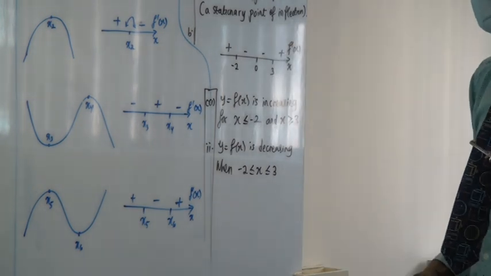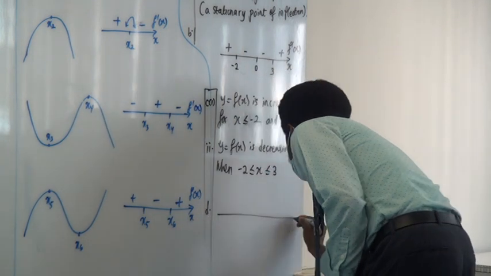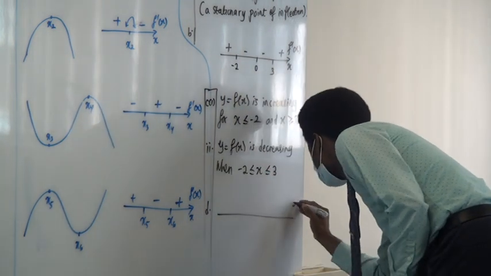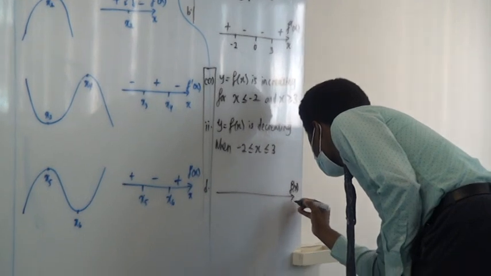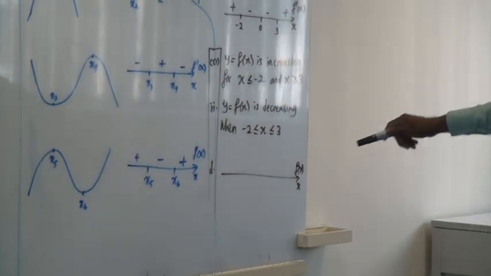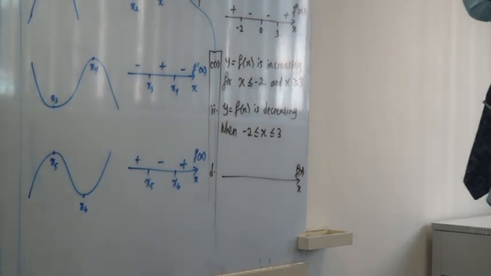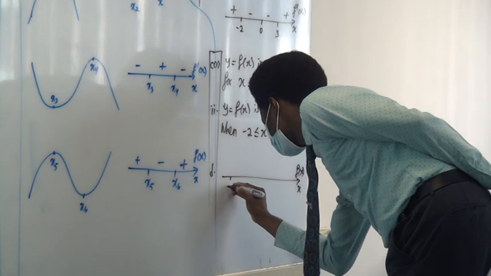Draw a sign diagram for f of x. Let's try. Sign diagram for f of x, not for the gradient this time. We've drawn the gradient anyway. So, what are the points to identify? -4. 0.